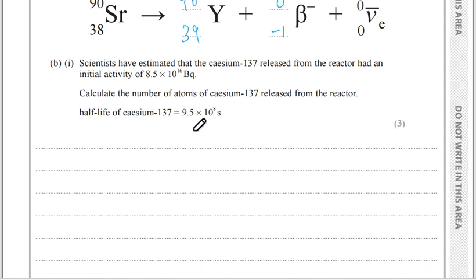We have activity equal to minus lambda N, lambda equal to ln2 over t half, so 0.693 over the t half given here.